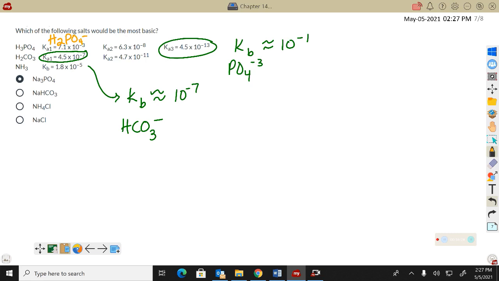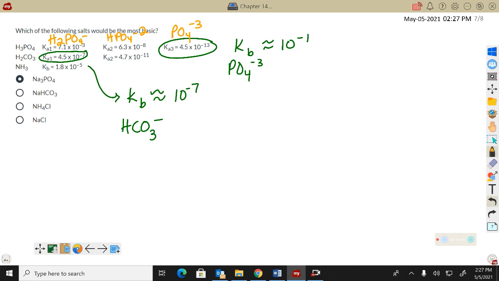Then I would produce another hydrogen and be left with HPO4 minus 2. And finally, after the third hydrogen, I'd be left with PO4 minus 3, which was in the first option, sodium phosphate. So I used the third Ka, because that's the one in reference to the formation of phosphate.